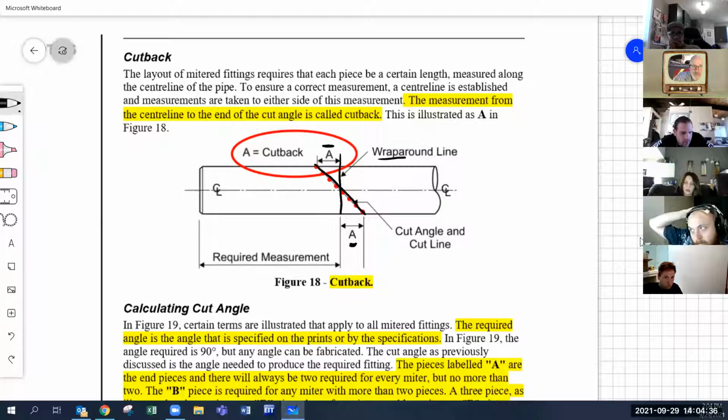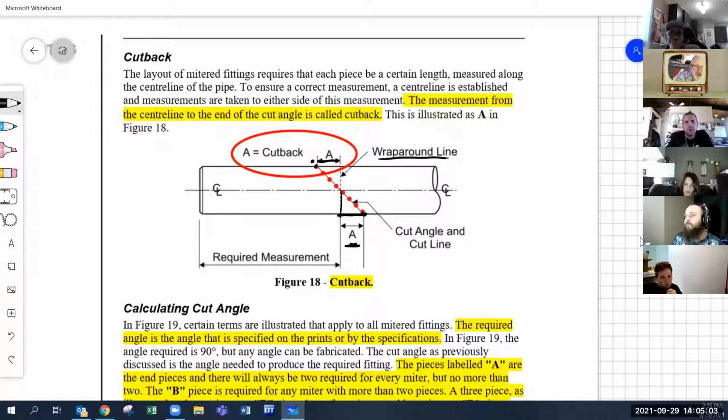This is where you would wrap around and put your mark on your pipe right in here with your wraparound. Then you would determine your cutback angle according to this. You would get this measurement, and that's where you start your cut, and you would get this measurement, and that's where you finish your cut.